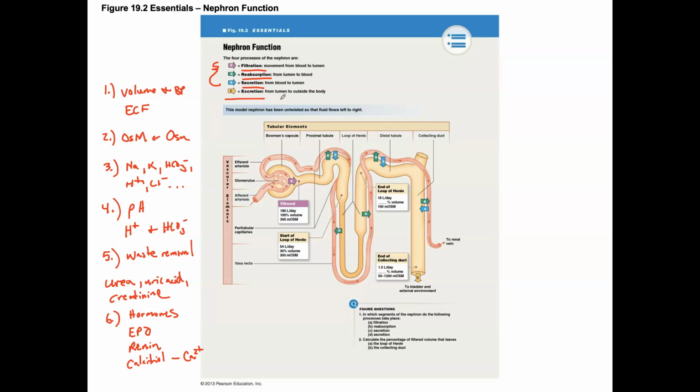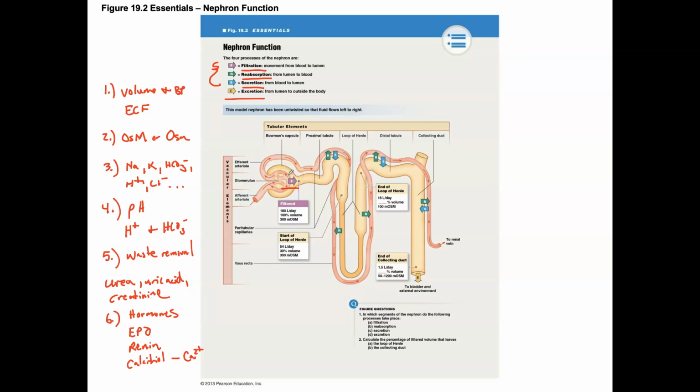So what is filtration? Filtration is the movement of water and solutes and foreign substances from our blood into the Bowman's capsule. So basically moving material from the cardiovascular system, leaving the glomerulus, and entering Bowman's capsule.